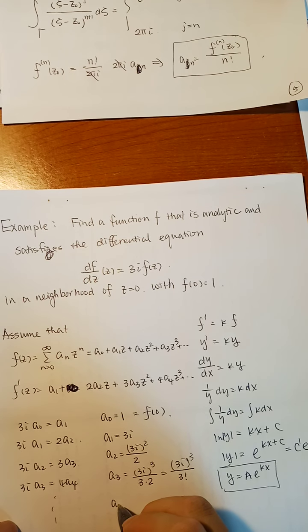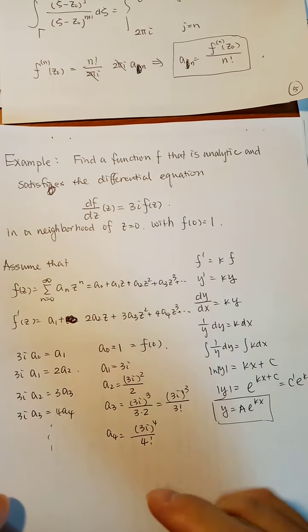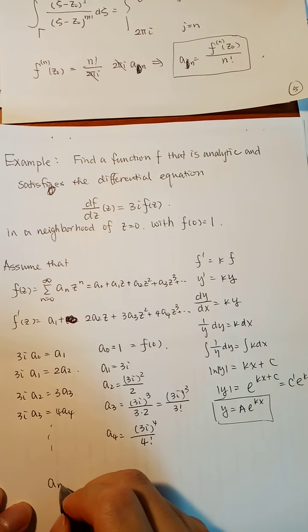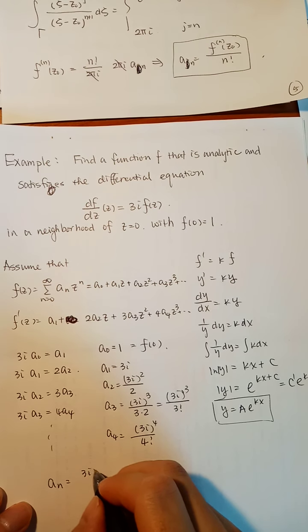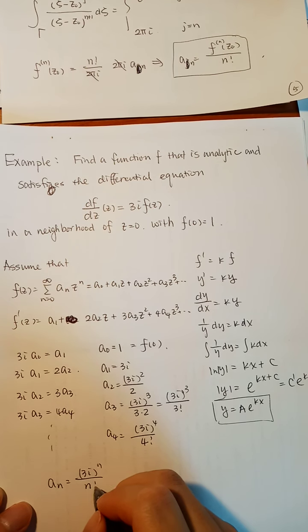And a4 is 3i to the 4 over 4 factorial. Following this pattern, an is 3i to the n over n factorial.